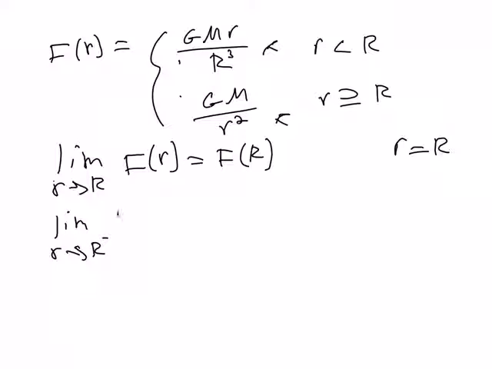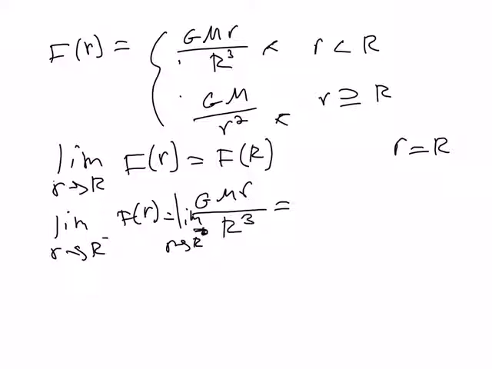From the left, r is smaller than R, so it's equal to G m r over R cubed, which is the same as G m over R squared.